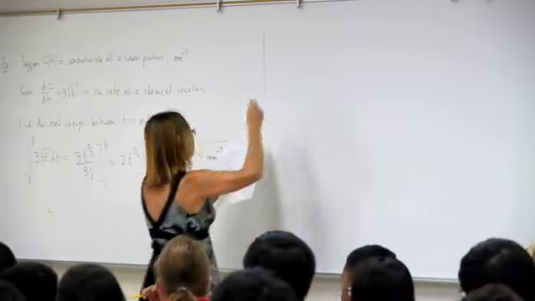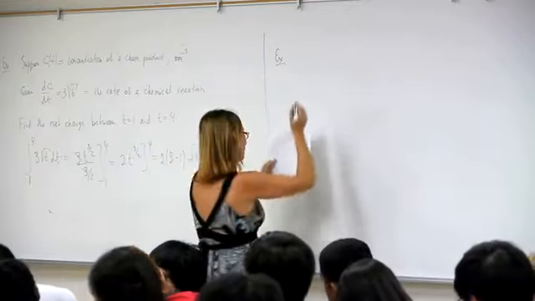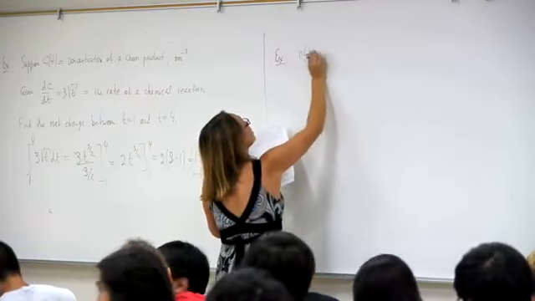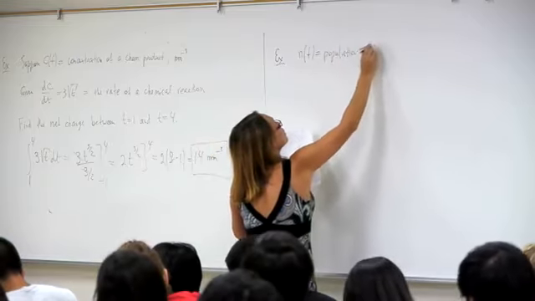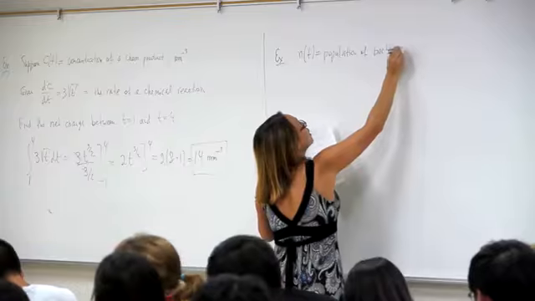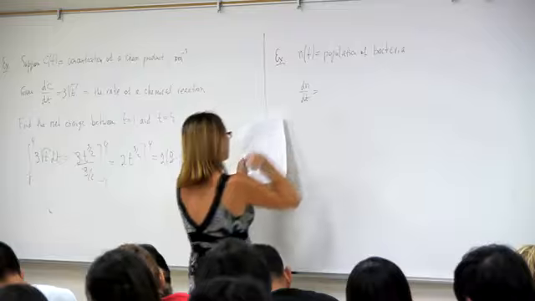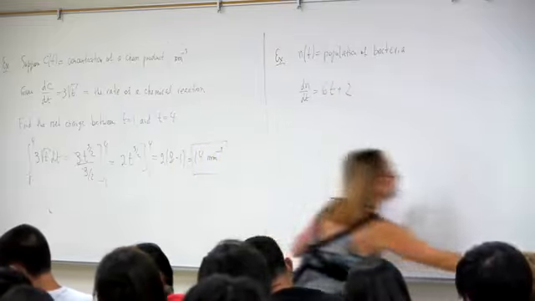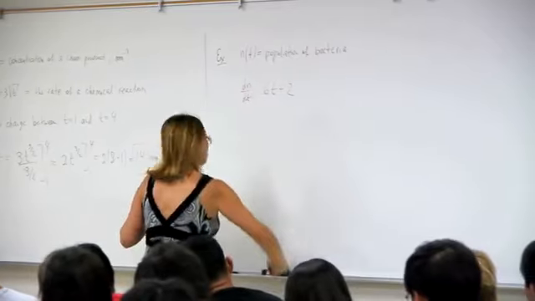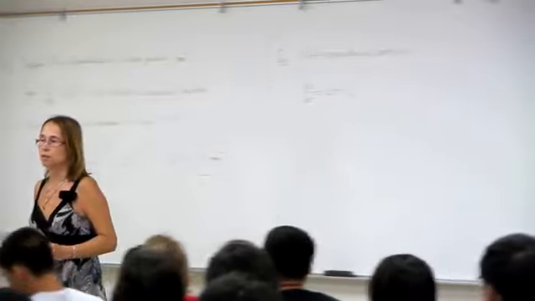So the example here is the population biology. It's kind of, for instance, the demography of bacteria. Okay, let's suppose that N of t is the population of bacteria. And we know that the rate of change, the rate of growth of bacteria is 6t plus 2. Somehow I know this from the properties of these bacteria.